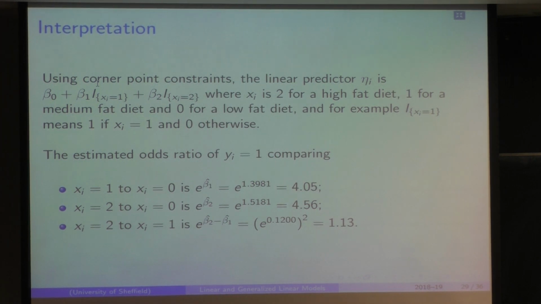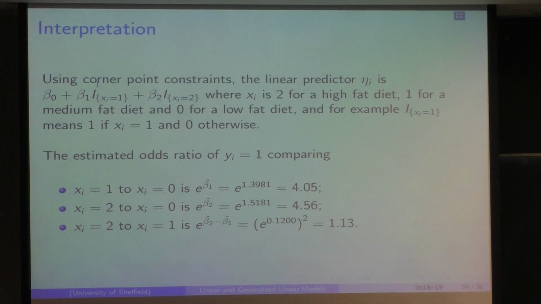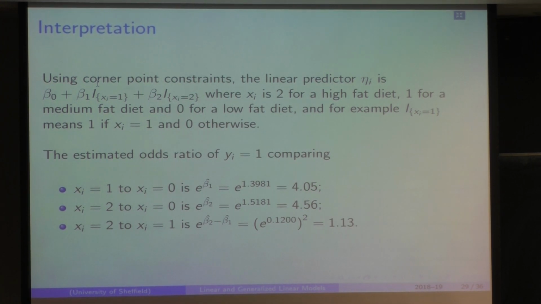For a medium fat diet, it will include beta 1 instead. So if you look at the ratio there, you'll get e to the beta 2 minus beta 1. And again, because we're estimating these, we put hats on them to indicate that those are the estimated coefficients, so that gives us the estimated odds ratio.